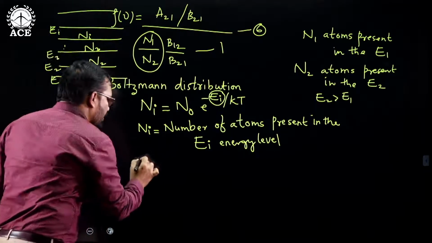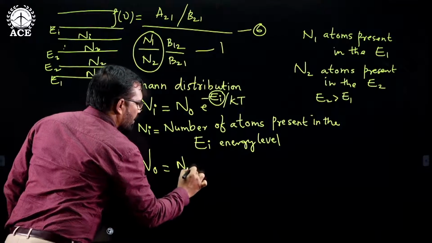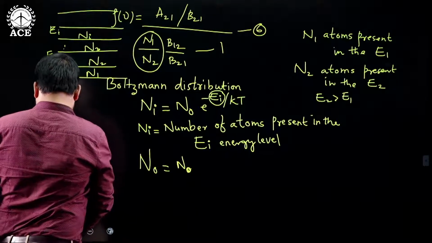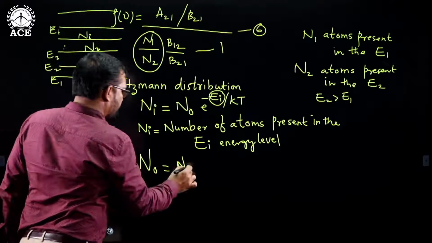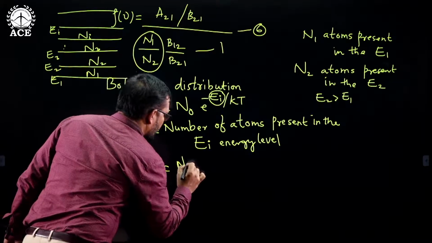Next, what is N0? It is the number of atoms present in the ground state.